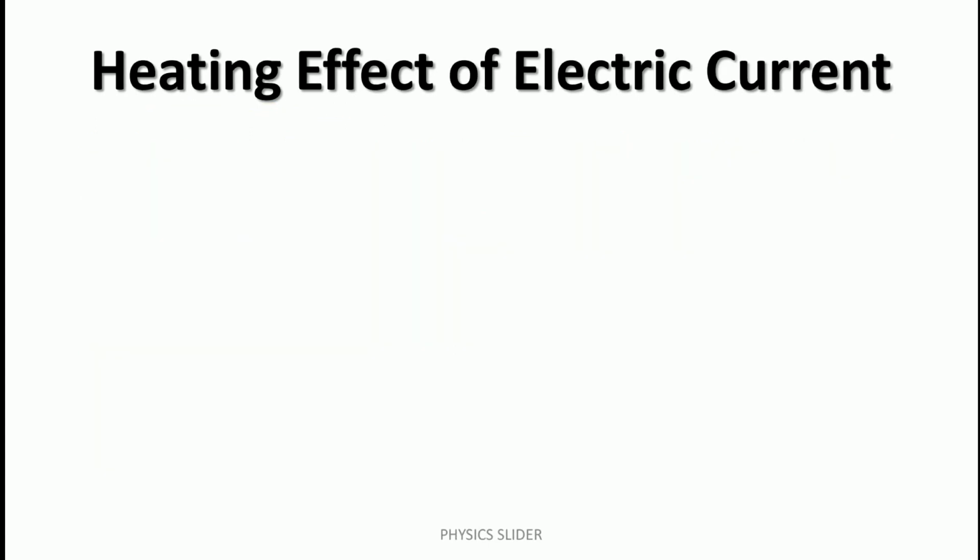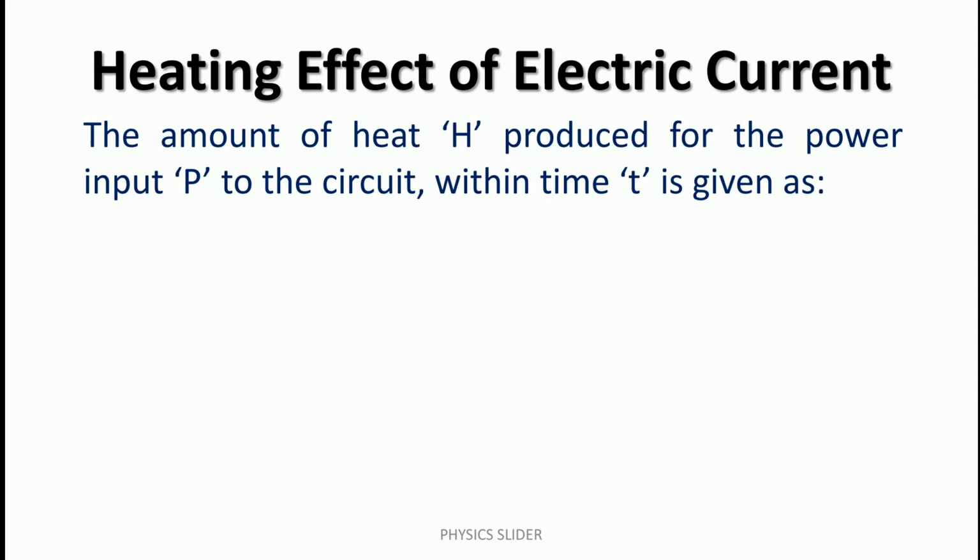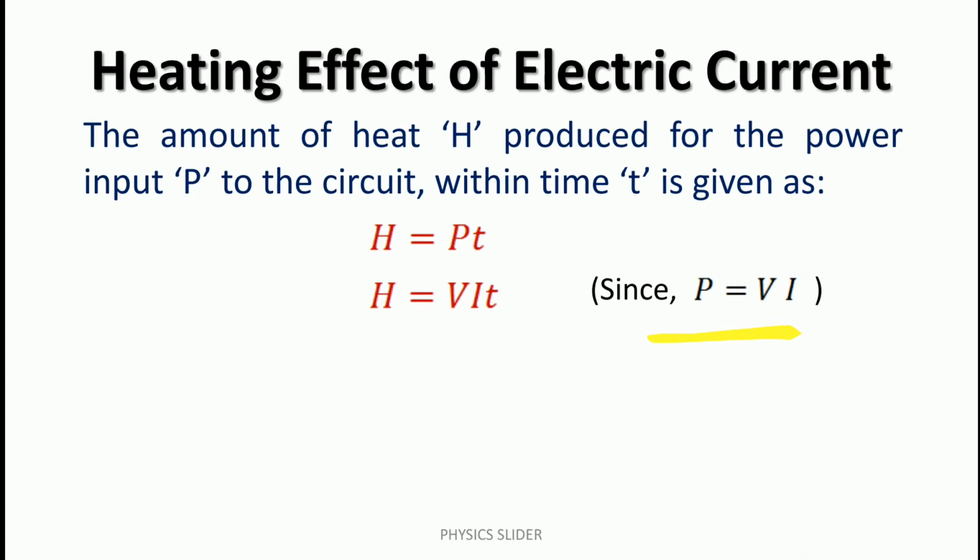So watch here. How to calculate the heat generated? Let's discuss. The amount of heat H produced for the power input P to the circuit within time T will be given as H is equal to P into T. As we know, P is equal to VI from the formula of power. So we can put P as VI. So the heat generated becomes H is equal to VIT.